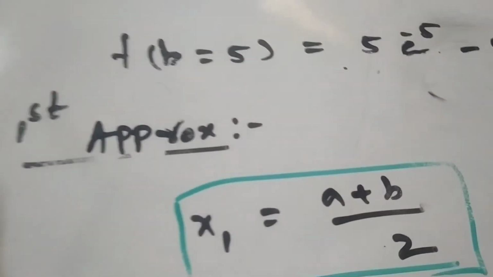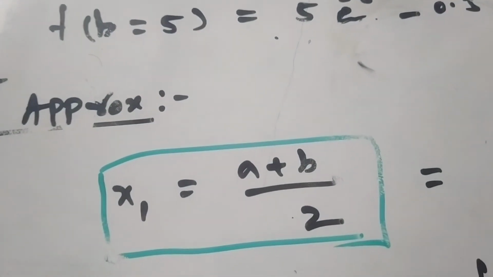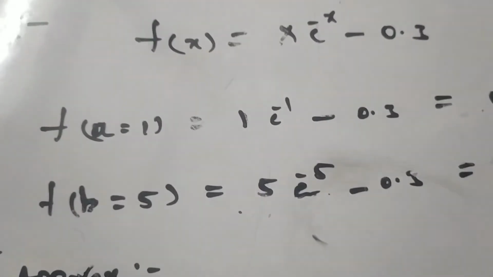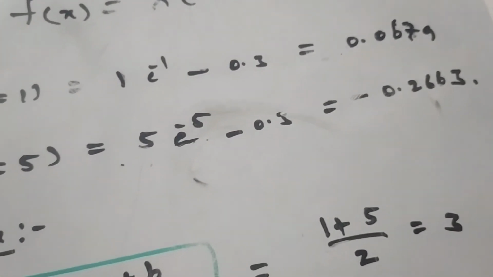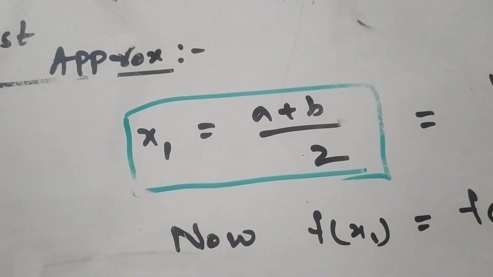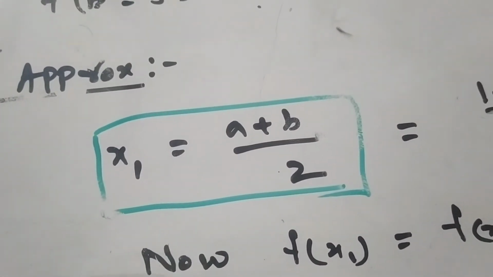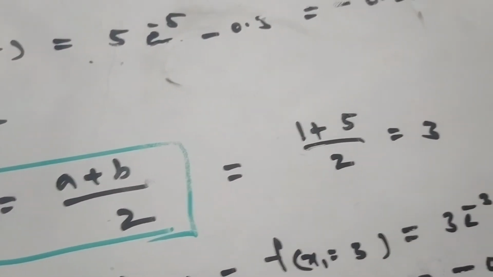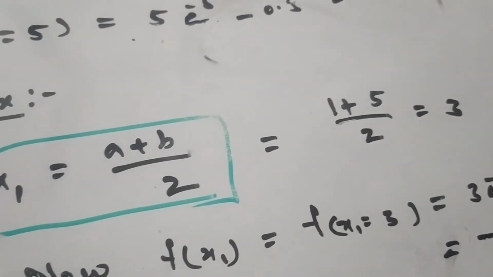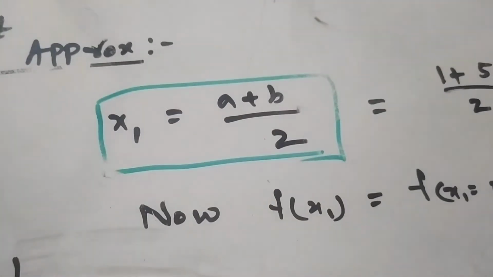Then the first approximation directly. Why? Because a is positive and b is negative, so they have opposite signs. Then x1 equals (a plus b) by 2, that equals (1 plus 5) divided by 2, you get 3.